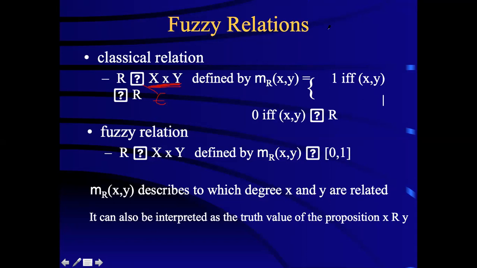Okay. So it's actually a cross relation between two fuzzy sets. That is what is called a fuzzy relation in this particular scenario.